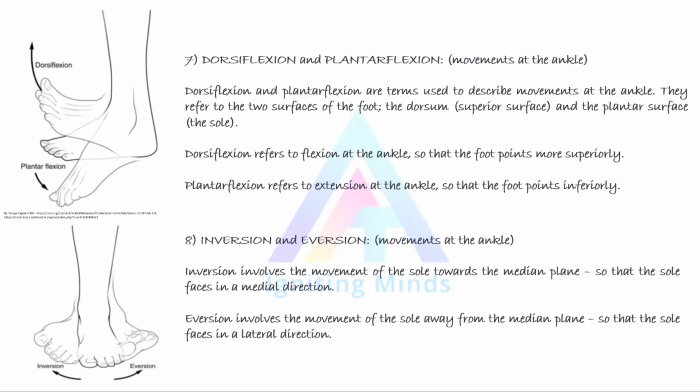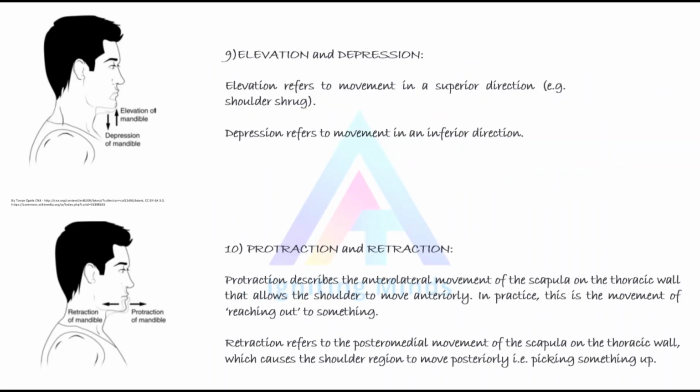Eighth is inversion and eversion. These are also movements that happen at the ankle. Inversion involves the movement of the sole towards the median plane so that the sole faces in a medial direction, whereas eversion involves the movement of the sole away from the median plane where it faces the lateral direction. Ninth is elevation and depression.